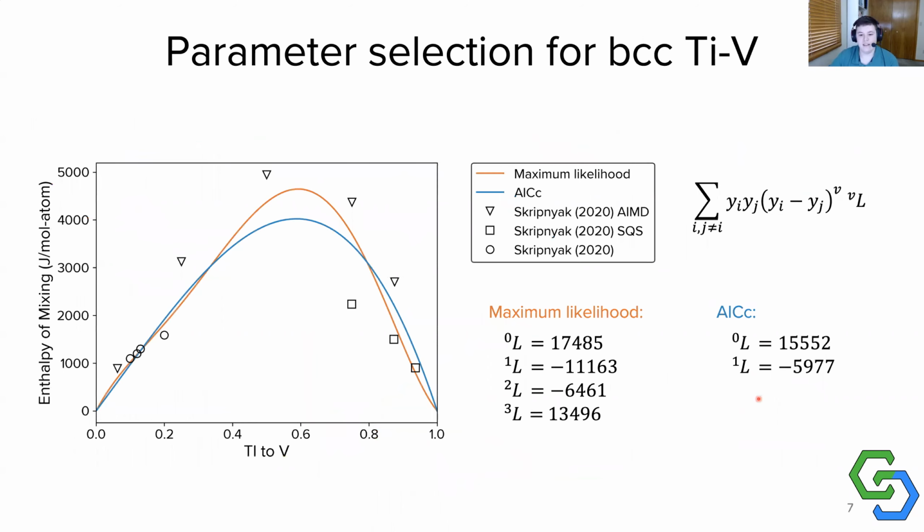And then as a motivating example for what this could look like, take this titanium vanadium system. Here we have two different cases where we provide a candidate model of 4 interaction parameters. If we just take the maximum likelihood parameter selection, we are trying to maximize the likelihood or minimize the sum of square residuals, and we would capture all 4 parameters that we use.